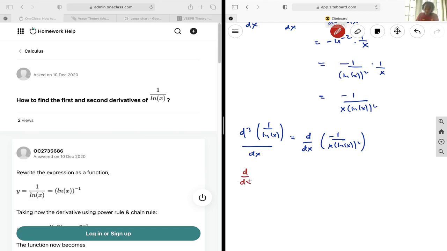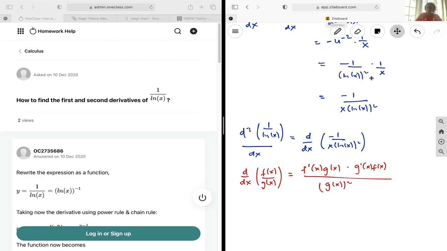We know that d over dx of f of x over g of x is going to give us the derivative of f of x multiplied by g of x minus the derivative of g of x multiplied by f of x, all over g of x squared.